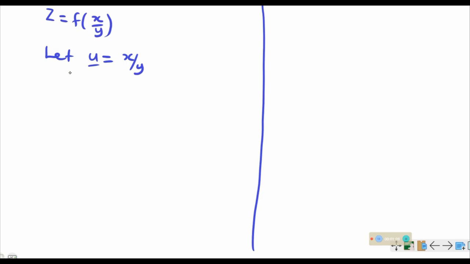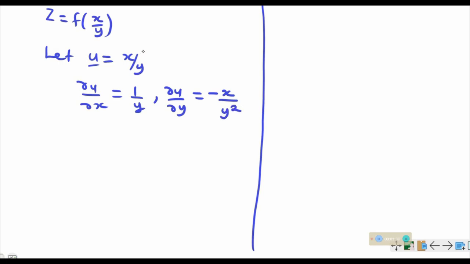So let us have del u del x, and del u del x will be 1 upon y. Similarly, del u del y will be negative x upon y squared.